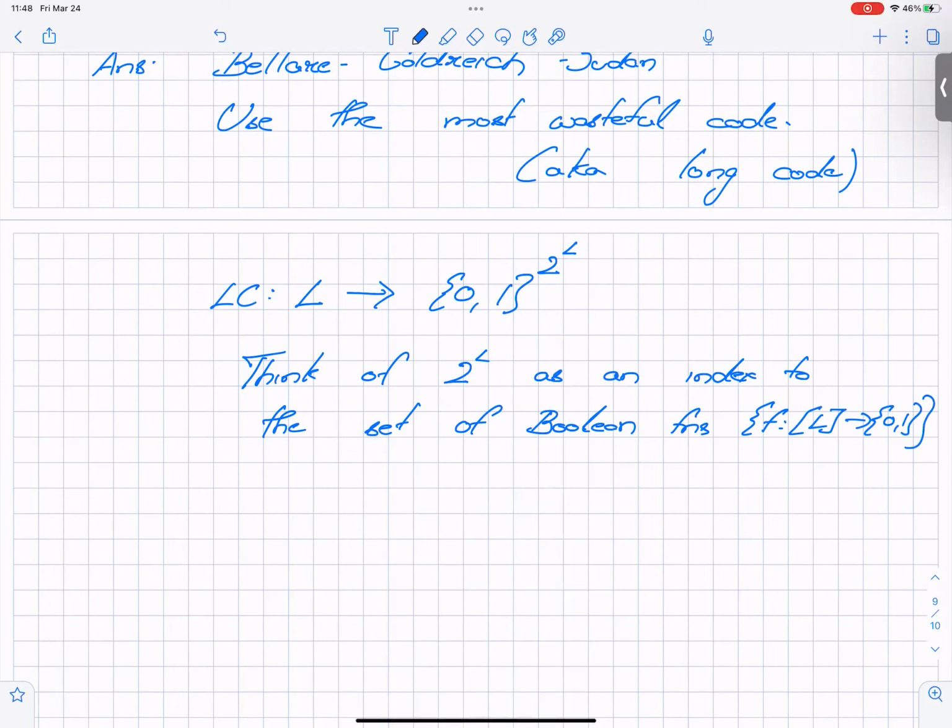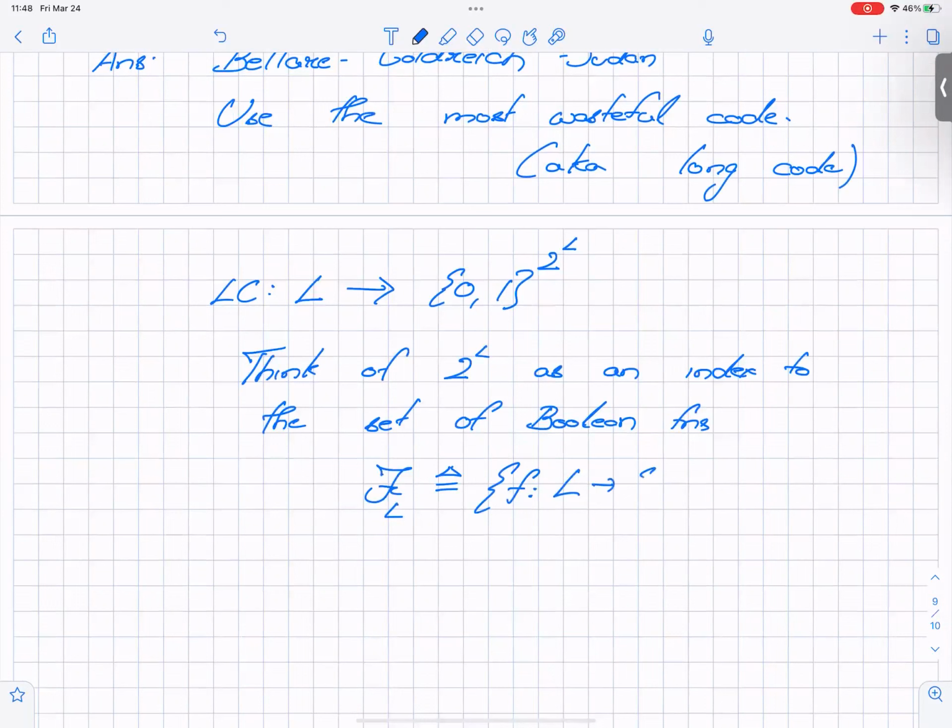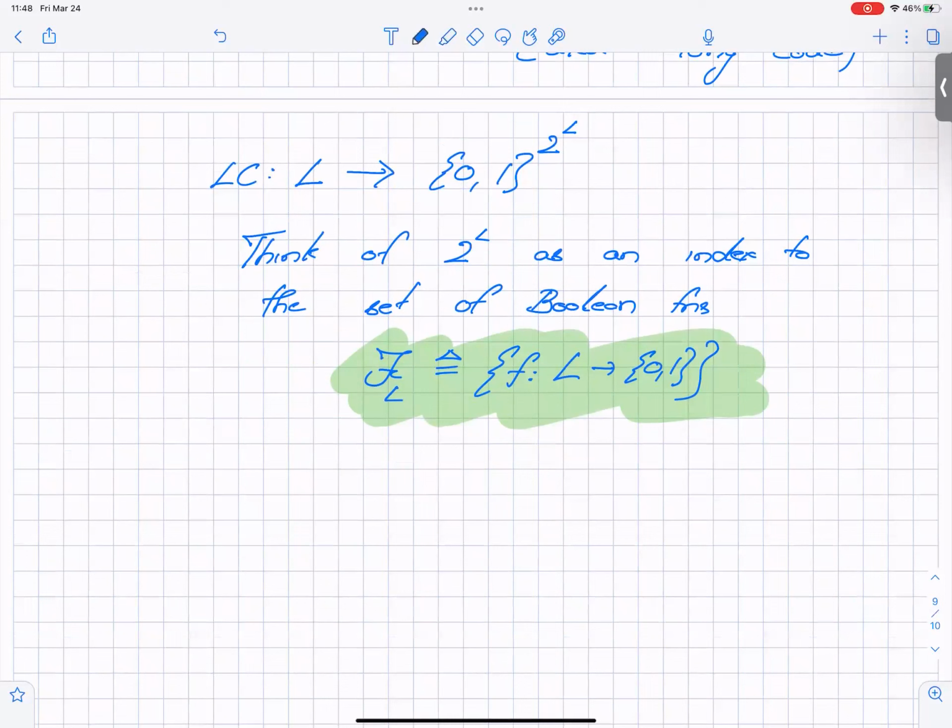Let's call this set FL. So the long code maps L to {0,1}^FL.